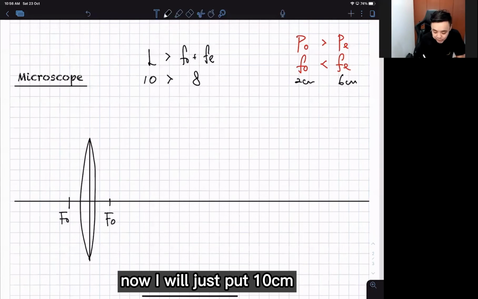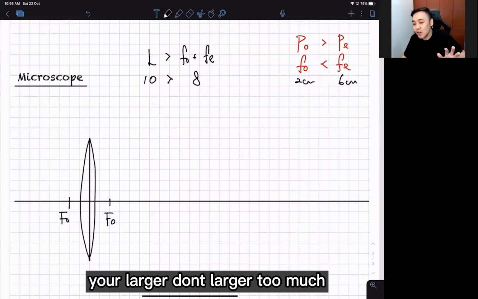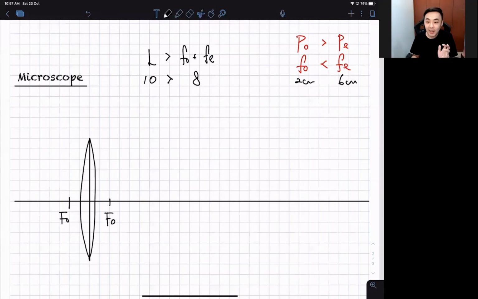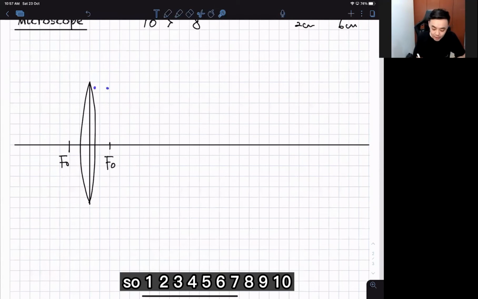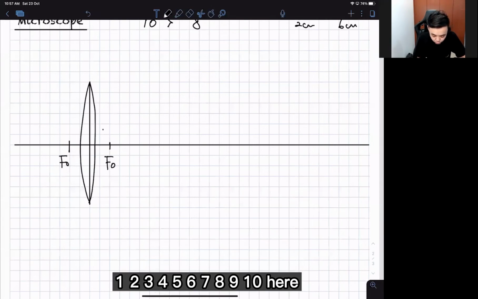Now, I will just put 10. You can use any number you want, but normally I recommend don't go larger by too much. If not, again, the drawing will be quite hard to draw. So 1, 2, 3, 4, 5, 6, 7, 8, 9, 10. Here, this is where I put my eyepiece lens.